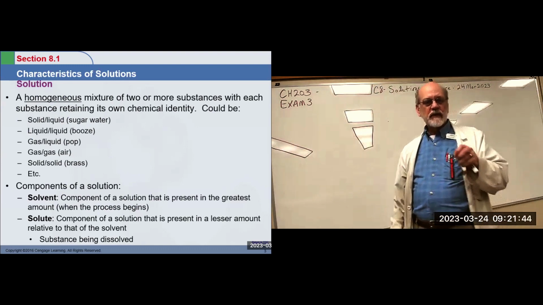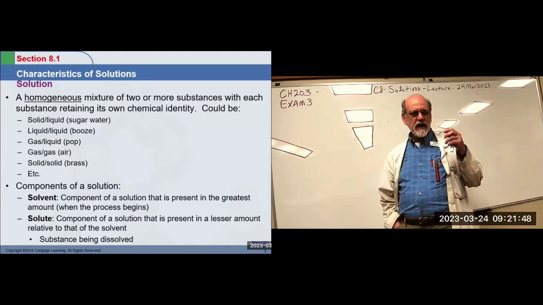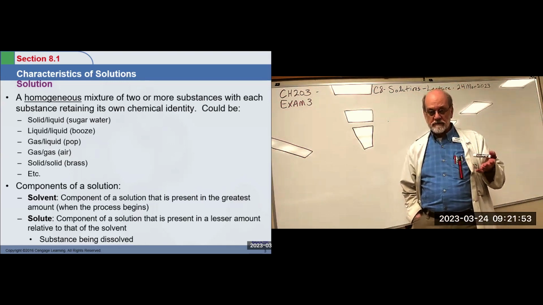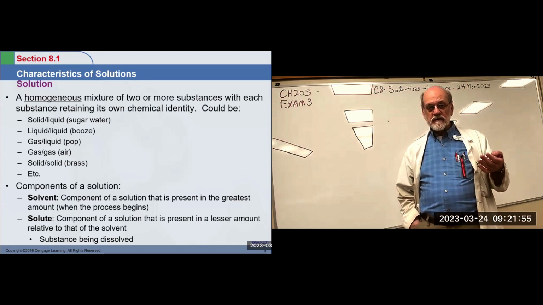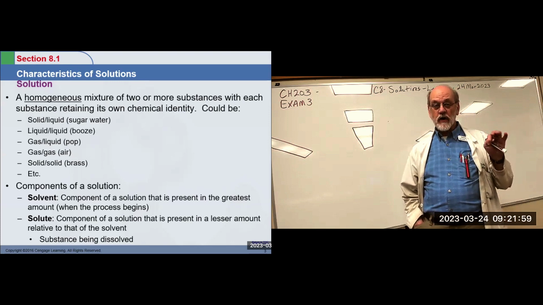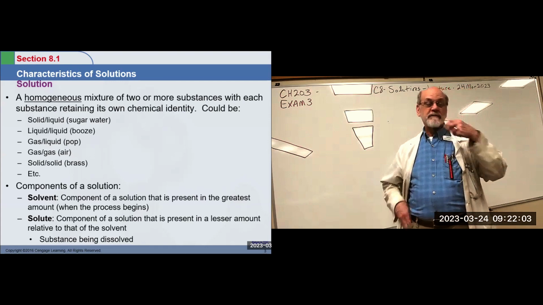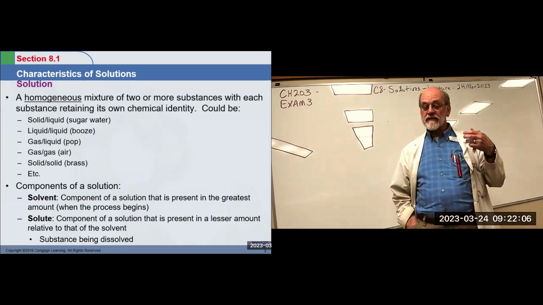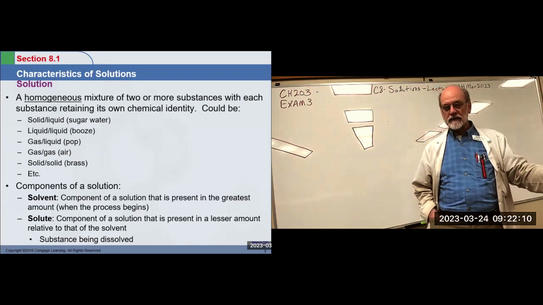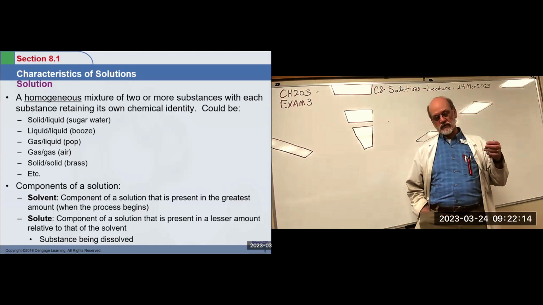All right. I think we've introduced this concept early on in the semester when we were talking about mixtures. A mixture that is homogeneous throughout is also called a solution. So that means that it does not have to be a solid dissolved in a liquid, like salt in water or sugar in water. That's only one type of solution.